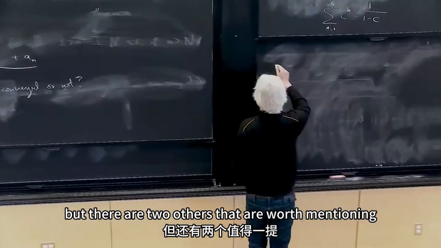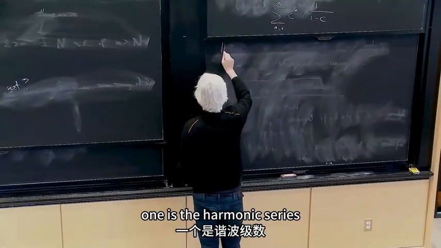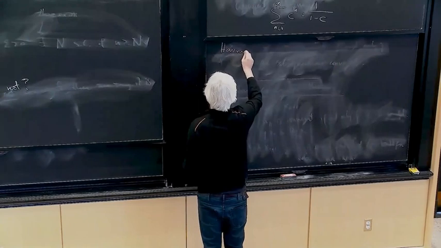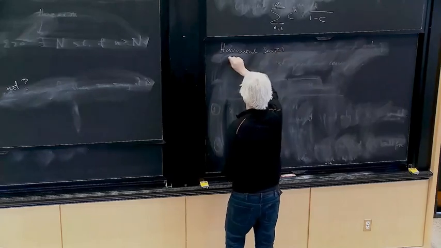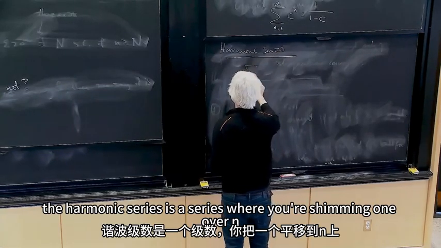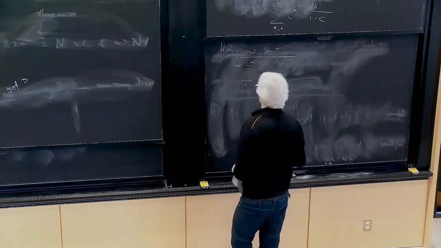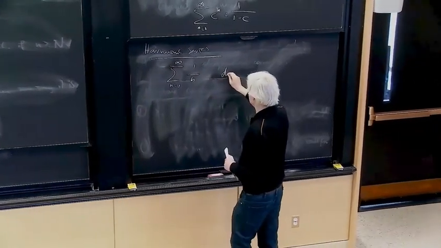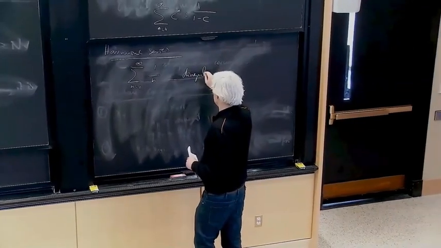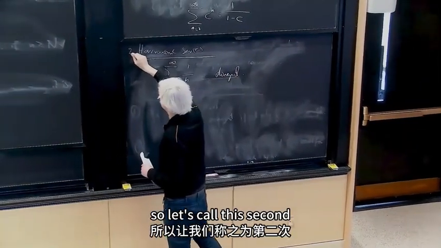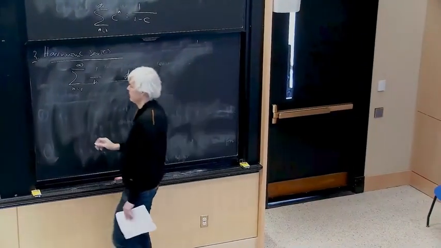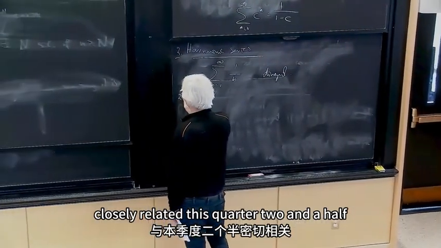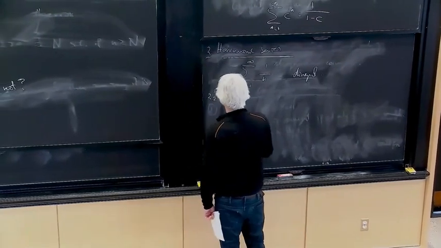But there are two others that are worth mentioning. One is the harmonic series. The harmonic series is the series where you're summing 1 over n. So this here is divergent. Let's call this second. And then there is a closely related one, let's call it 2.5.